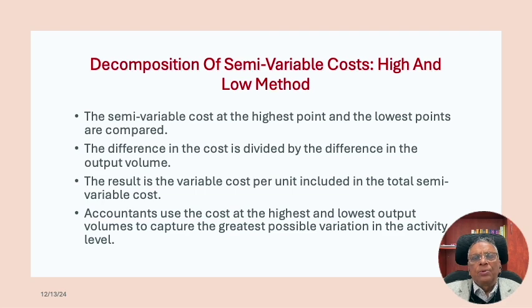Then we look at the lowest volume of activity during that period, and find the corresponding semi-variable cost. Now we find the difference in volume of activity from high to low. We also find the difference between the semi-variable cost at the high level and at the low level, and this difference is then divided by the difference in the volume. Thus we get the variable component of the cost.